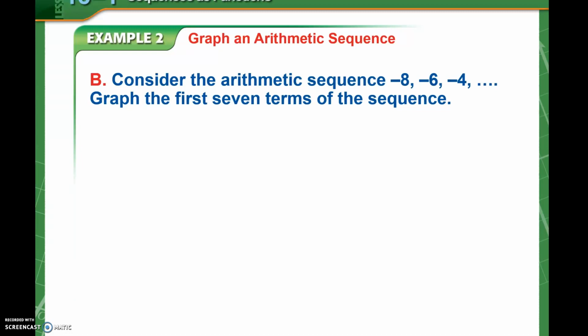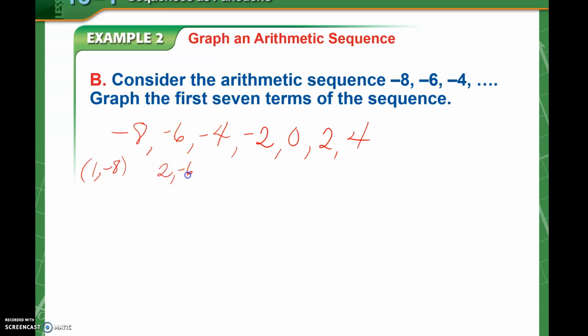If I look at the graph of those, we have these terms that we've just decided. So we're going to graph all 7 of them. The point for the first term would be 1, -8. That would be that point. This is term 2, so this would be 2, -6. And this is term 3, so it'd be 3, -4, and so forth.